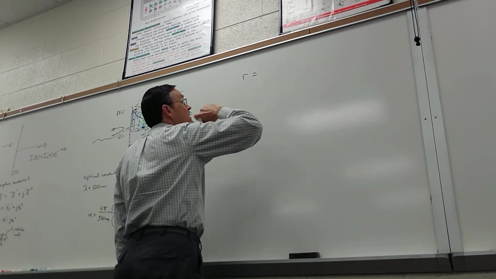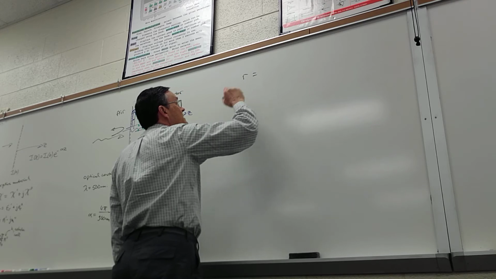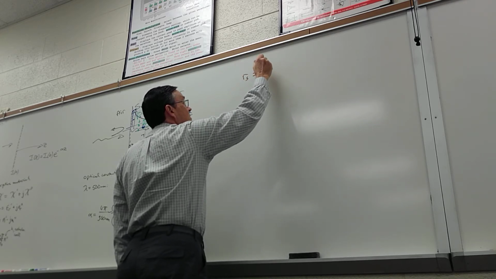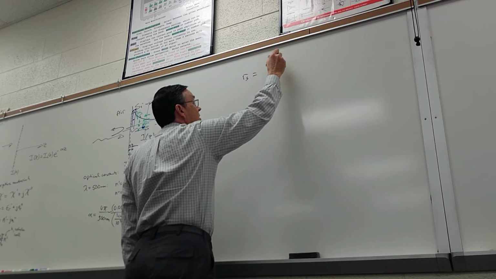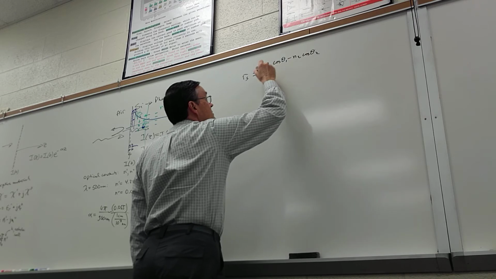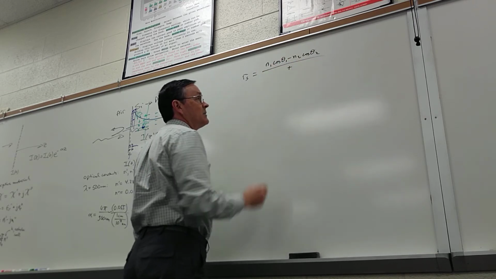So for the S state, the Fresnel reflection coefficient was N1 cosine theta 1 minus N2 cosine theta 2, over the sum of the two terms.